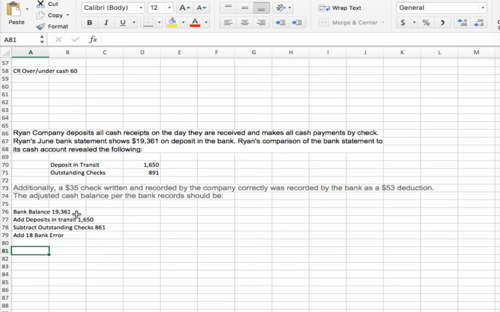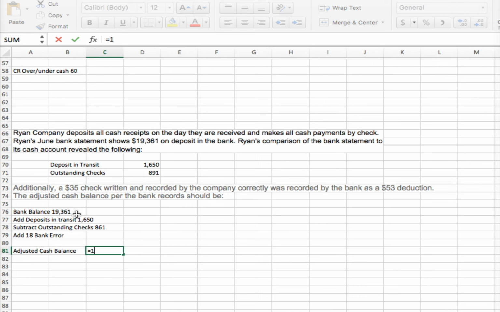So that's just going to be adjusted cash balance, and it's going to equal 19,361 plus 1,650 for the deposits in transit minus 861 in outstanding checks plus $18 bank error gives us 20,168.